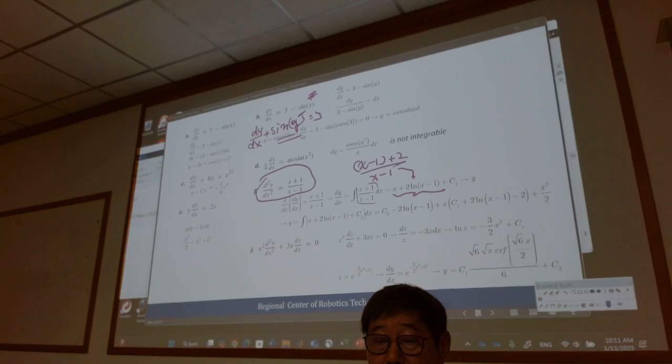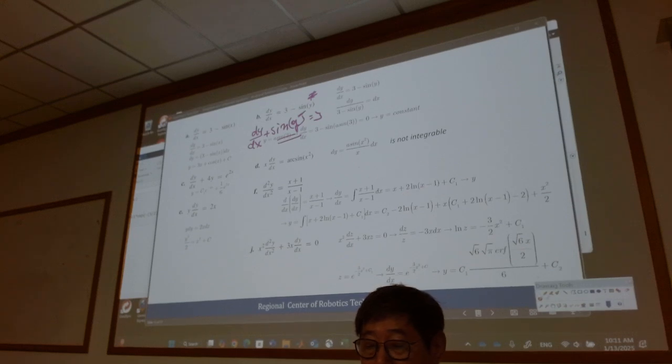This one is even linear. Look at this one. This actually is linear. We can put dy by dx equal to arcsine x squared over x, right?